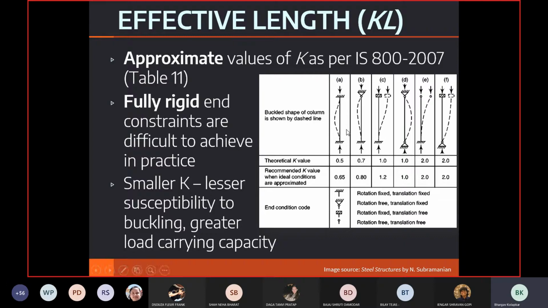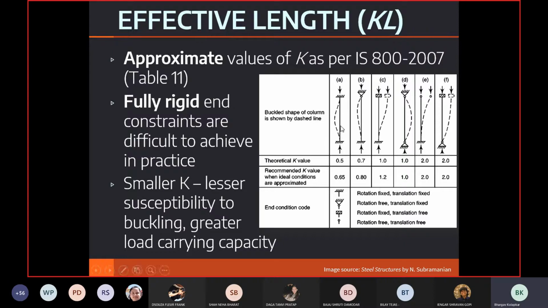Therefore, what the code does is, again, something wherein we are trying to fuse theory and practice. Because if we go on assuming that both our supports are fixed, assuming the value of K to be 0.5, we might get a strength that the column might not actually be able to achieve. So again, we might deviate from the experimental results and we say that this theory is not good.